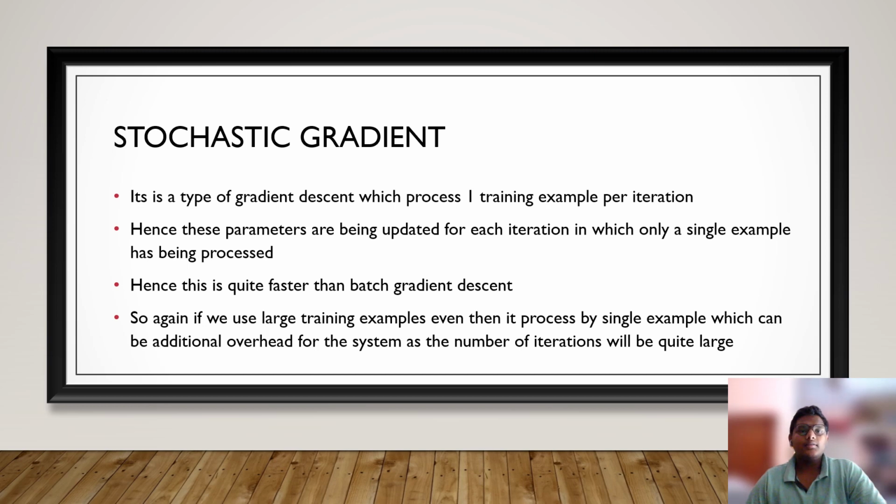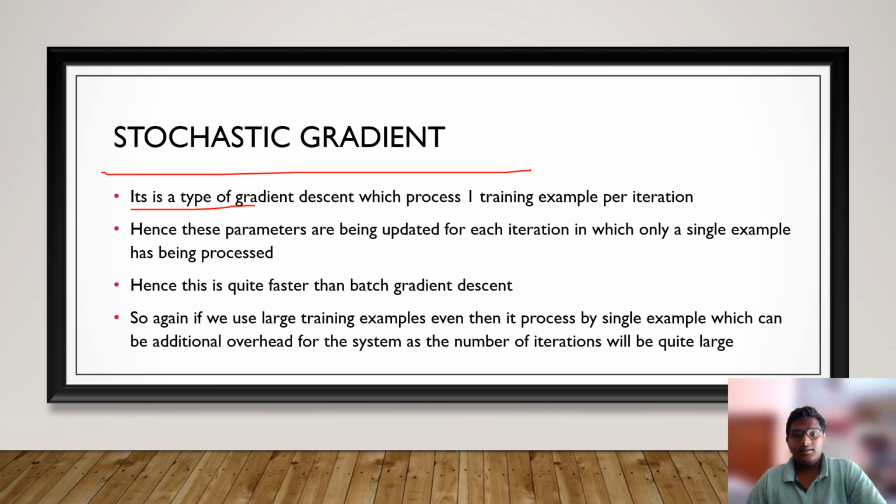Stochastic gradient descent is a type of gradient descent which processes one training example per iteration. Hence, the parameters are updated for each iteration in which only a single example is processed.